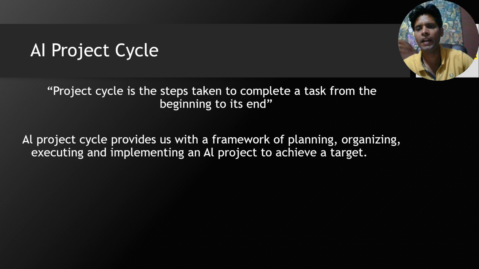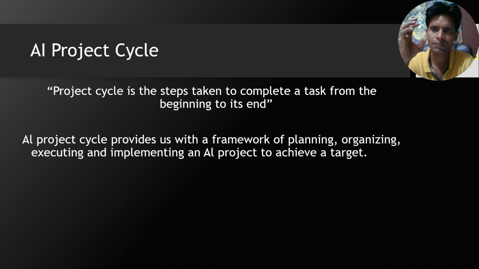When we're talking about AI project cycle, it provides us with a framework of planning, organizing, executing, and implementing an AI project to achieve a target. That means we are making an artificial intelligence based project, and the cycle we will follow is called AI project cycle. Clear?